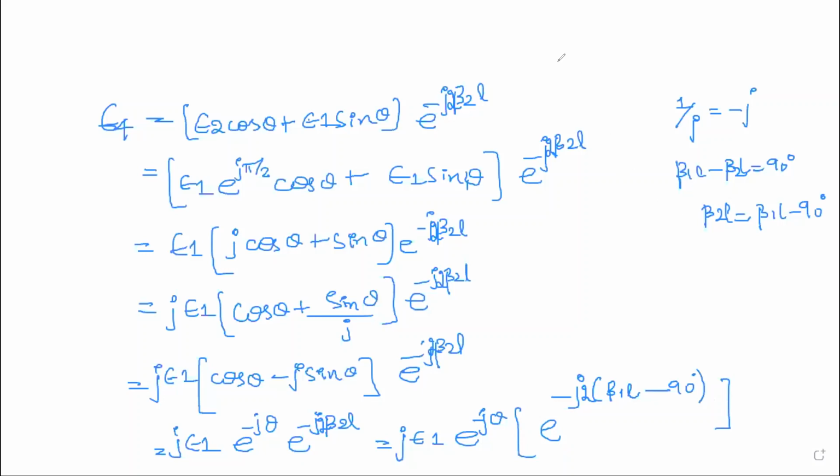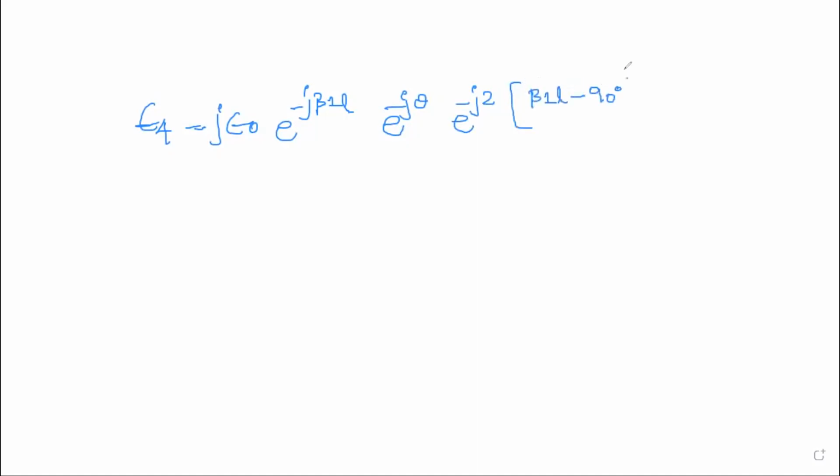So the next step will be here: E4 is equal to j into E naught e to the power minus j beta 1L e to the power minus j theta. Here you have substituted e to the power minus 2, instead of beta 2L, it is beta 1L minus 90 degree.